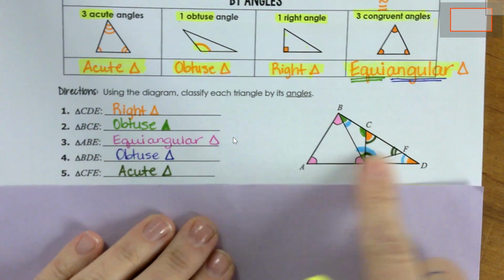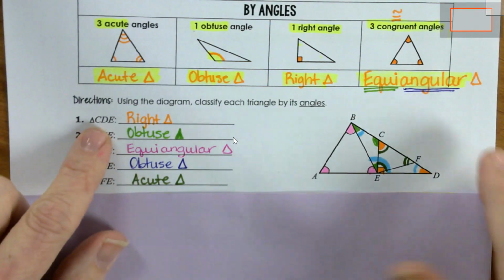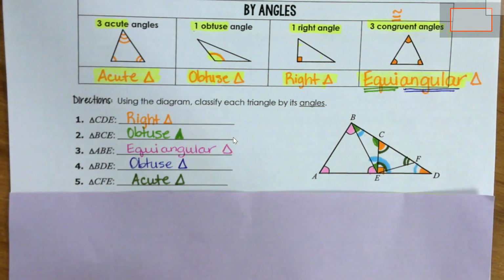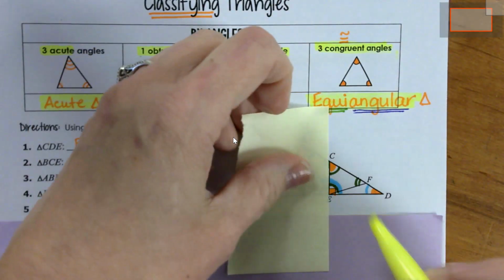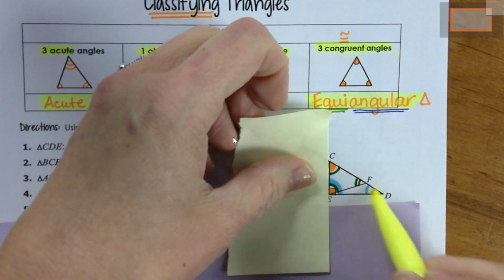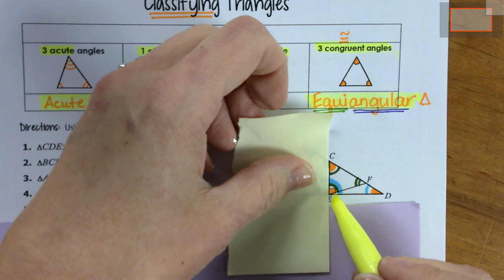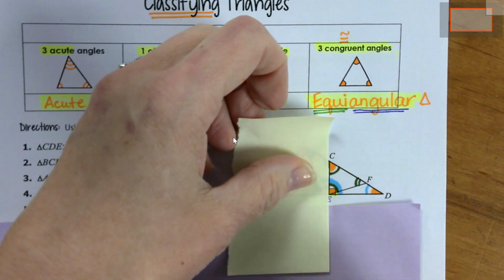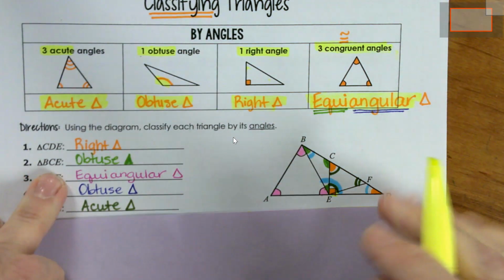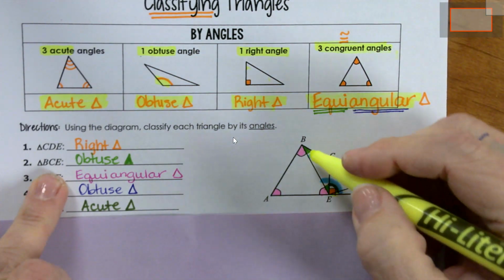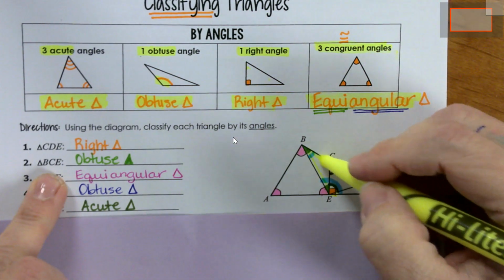Okay, so if we look here at this big diagram right here, the thing you need to keep in mind is we're talking about different triangles. So triangle CDE is just this triangle right here, and you can see that it is a right triangle because of the right angle. And then ACE, that's this one here.